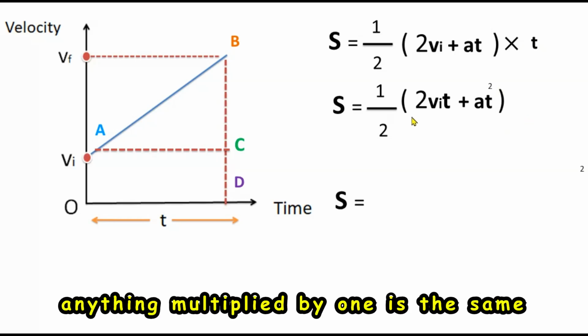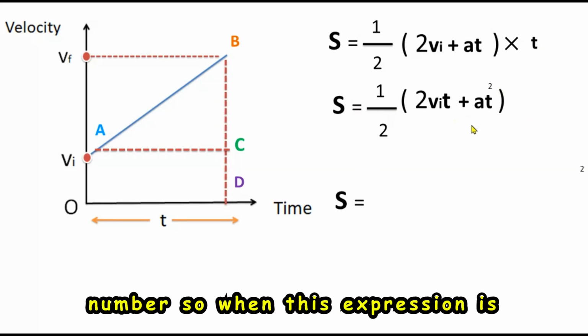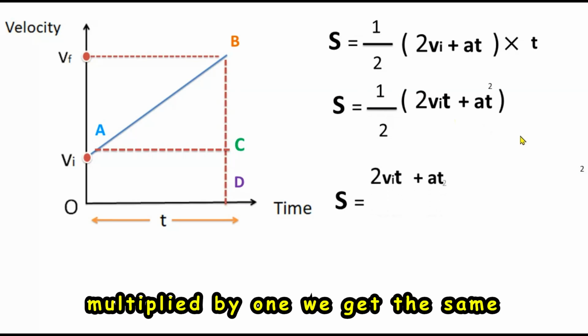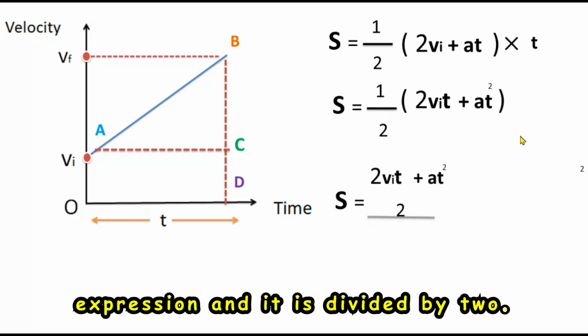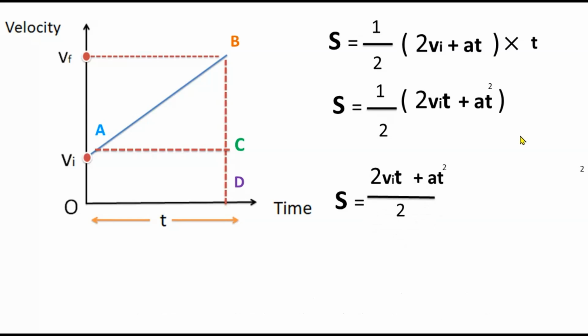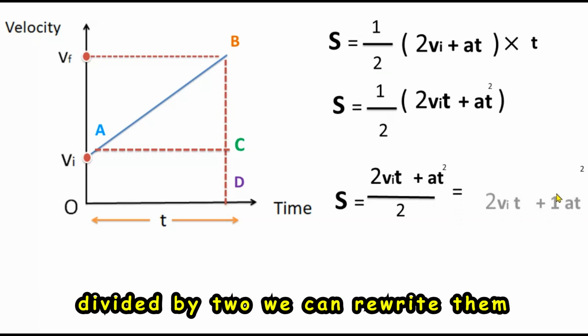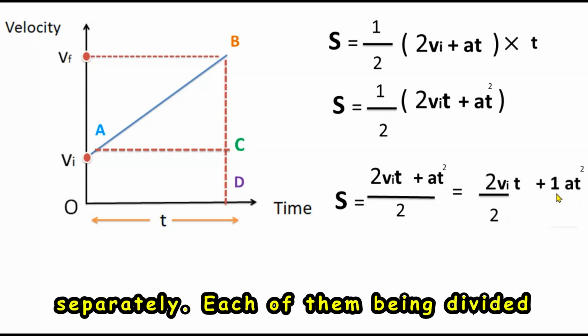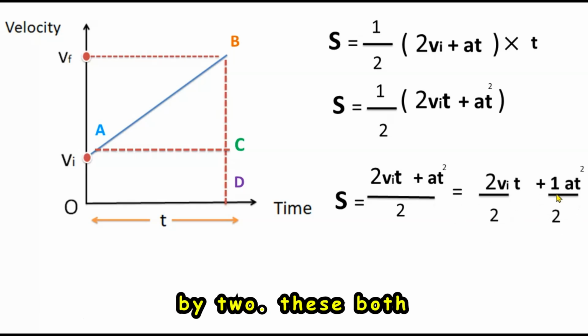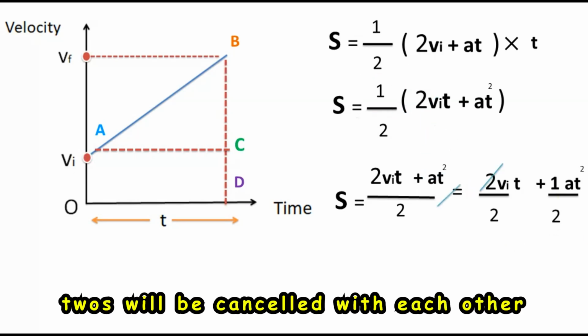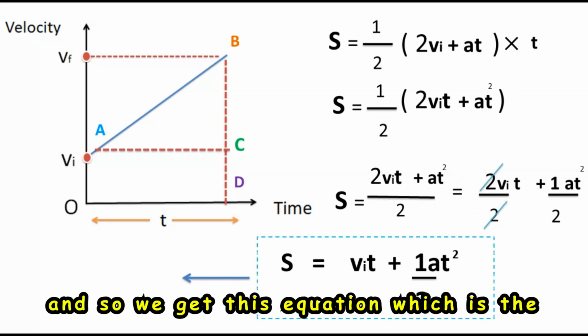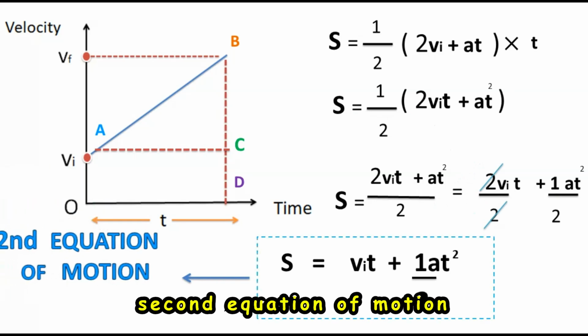Anything multiplied by 1 is the same number, so when this expression is multiplied by 1, we get the same expression, and it is divided by 2. As we have two terms which are being divided by 2, we can write them separately, each of them being divided by 2. These both 2's will cancel with each other, and so we get this equation, which is the second equation of motion.